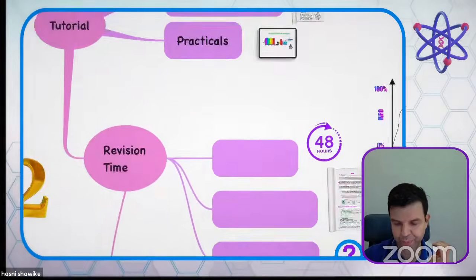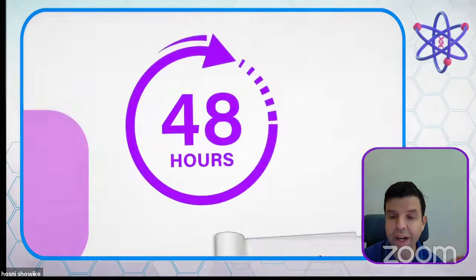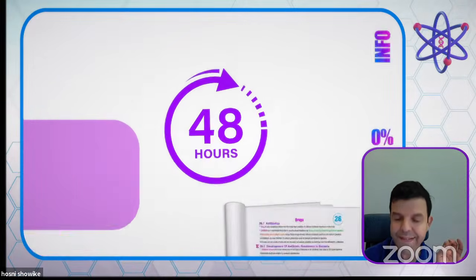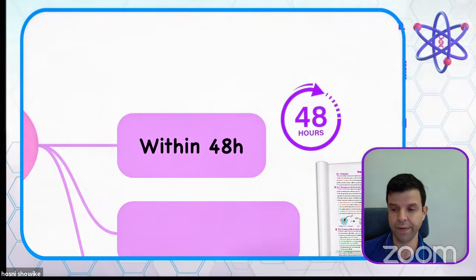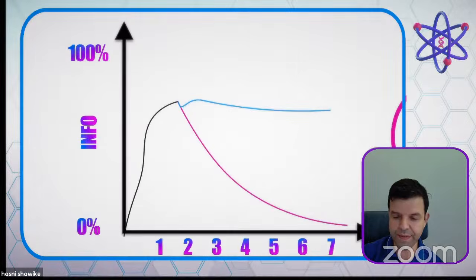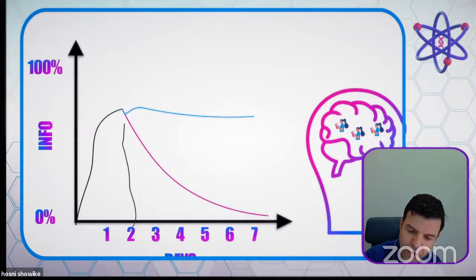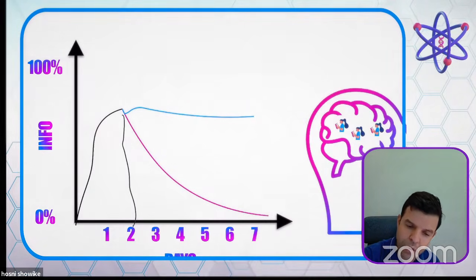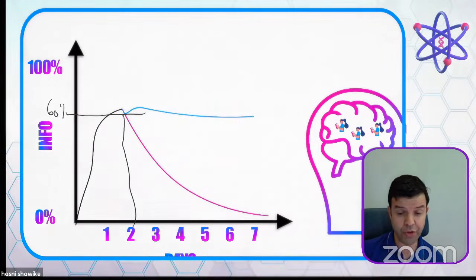Step number 2 is the revision time. And as I always say, revise during the first couple of days. That's the time when you still remember what we did during the lesson. So here you can see that if you revise within the first couple of days, that's scientifically proven, you would still remember almost 60% of what you have learned during the class.